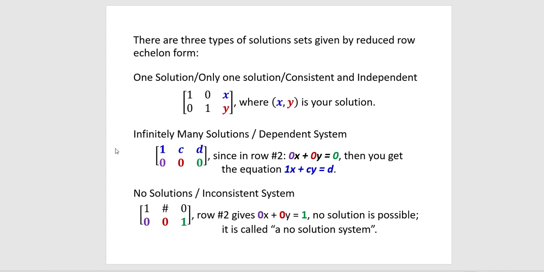The infinitely many solutions type has a bottom row of all zeros. This bottom row gives a mathematical statement that is always true for all values of x and y, since anything multiplied by 0 is 0. The top row is the solution equation for this system of equations.